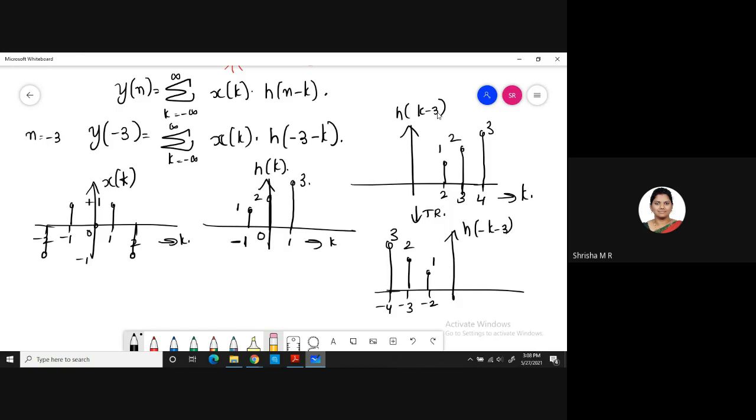Got it, everyone? Now you check. Our waveforms of interest are x of k and h of -3 minus k. Now you have to multiply these two and check where is the overlapping space.